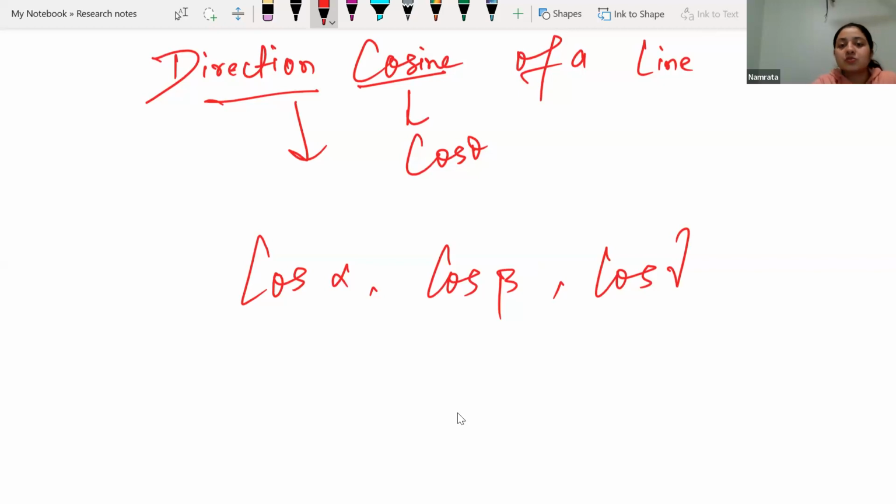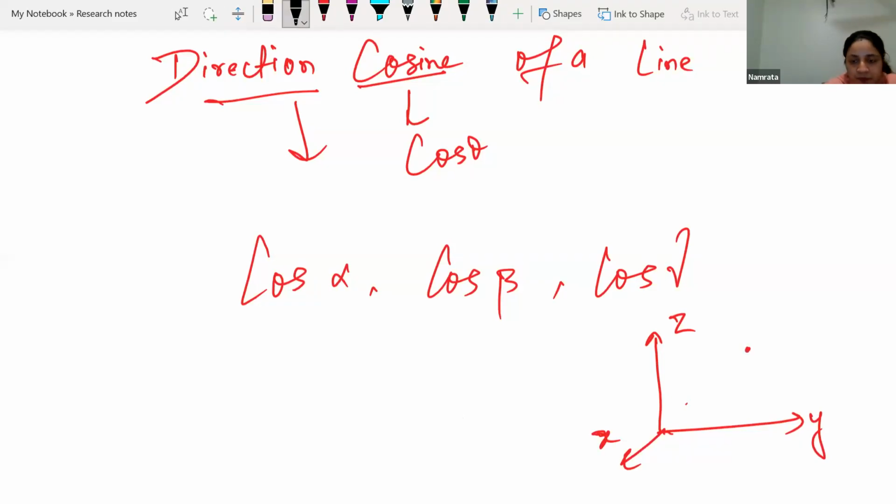Let's say this is the z-axis, this is the y-axis and this is the x-axis. Suppose here we have a straight line. Let me draw it. This is our straight line. Now this straight line is making angle alpha with the x-axis, angle beta with the y-axis and gamma with the z-axis.